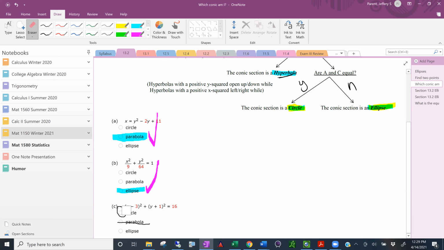And finally, if you get something like this, where you've got a nice term on the right-hand side, not necessarily one, and then this stuff on the left-hand side, that's going to be a circle. I think that's probably the easiest way to look through these things, is look for things in these forms. That's the form of an ellipse. Only one squared term, that's going to be a parabola. This one's a circle.